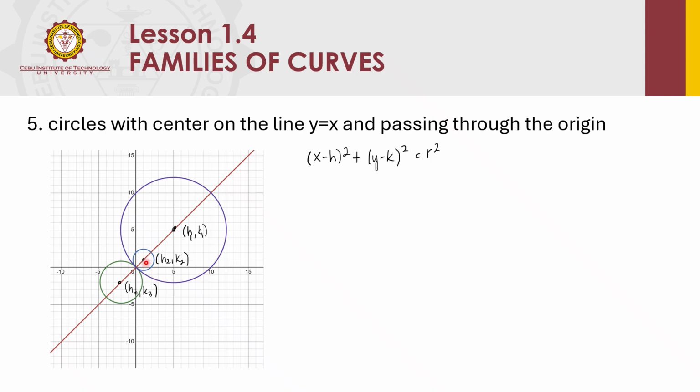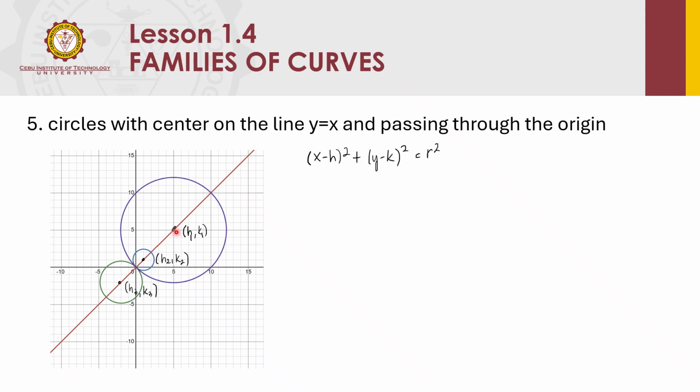So the center is k units from the x-axis and h units from the y-axis. Since all circles pass through the origin, the radius is the hypotenuse of a triangle formed using the h and k values.